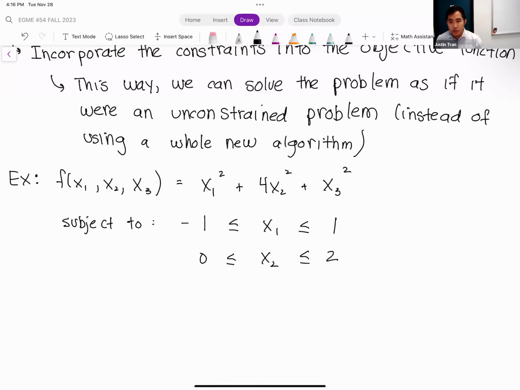The value for x2 is constrained between 0 and 2. And the value for x3 is also constrained between 0 and 2. So all of these are inequality constraints.